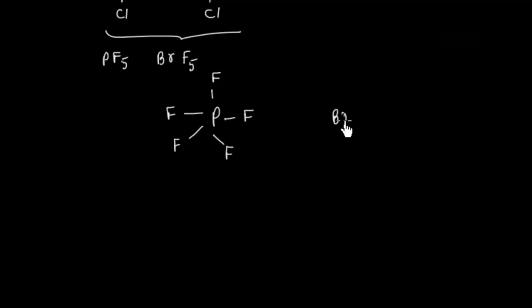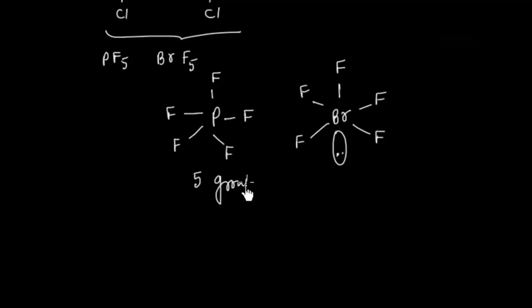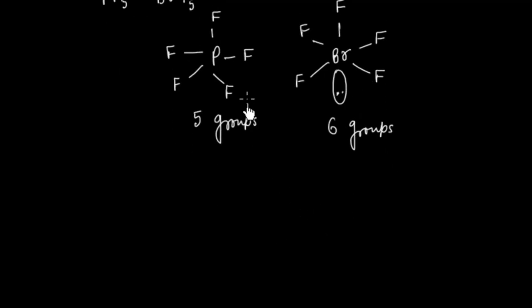But in BrF5, bromine should have 7 electrons, 5 are already engaged, so we still have a lone pair. In one case we have 5 groups, but in the other we have 6 groups, so of course the structure will not be the same.